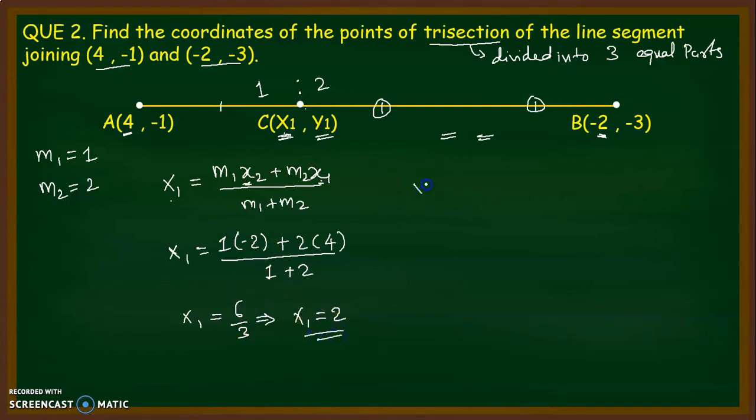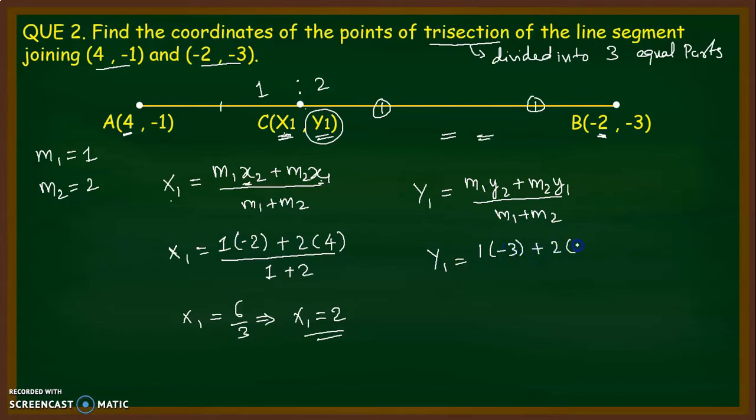And same way, if you put the formula for capital Y1 to find out the y coordinate of point C, here you can use the formula (m1 y2 + m2 y1) divided by (m1 + m2). So here if you put the value, m1 is 1, y2 that is -3 plus m2 is 2 and y1 is -1, divided by m1 plus m2, that is 1 plus 2.